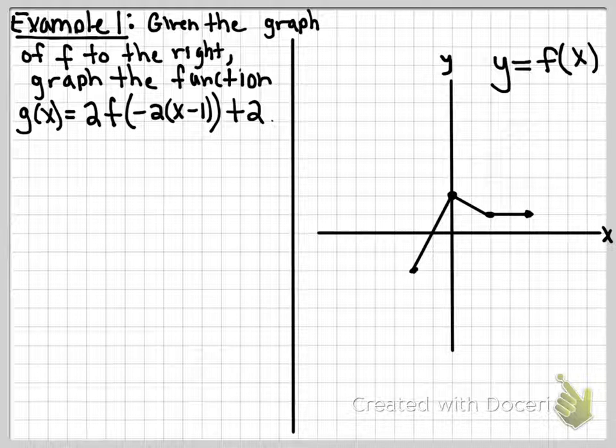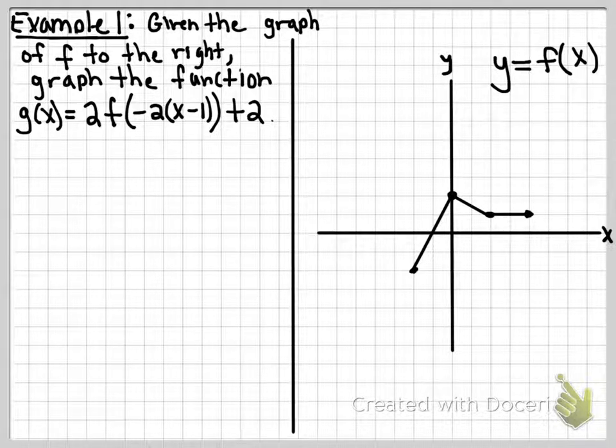Okay, now that we've seen all the steps involved in a transformation, and we know how to combine the vertical and horizontal transformations, let's do a graphical example before we do an algebraic example.